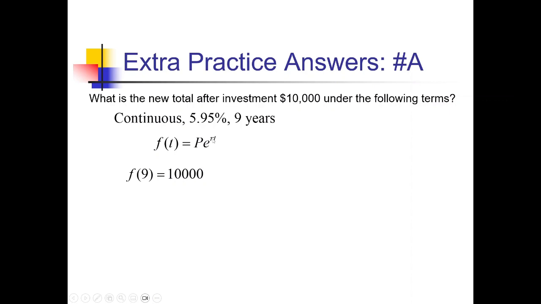And the interest rate here is 5.95%, so I'm going to turn that into a decimal. I'll just move my decimal over 2 spots, basically dividing this by 100. So that's going to be 0.0595 times the t-value, the length of the investment, which is 9 years. And I just have to plug that into the calculator now.